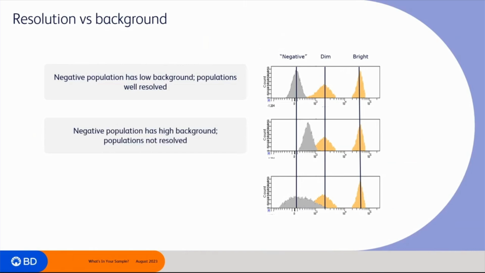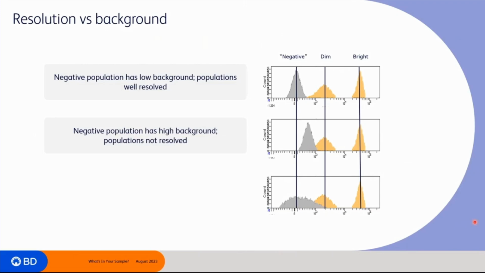But what happens when the negative population has high background, and that results in poor separation between the negative and the dim population? An example I can think of is the expression of CD117 on maturing myeloid cells.